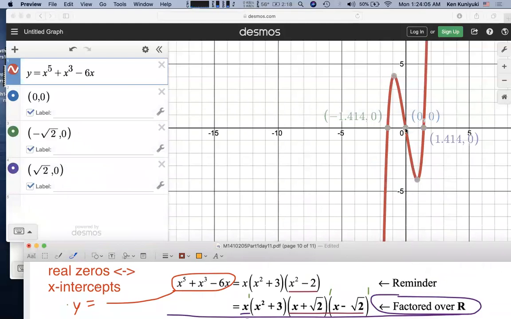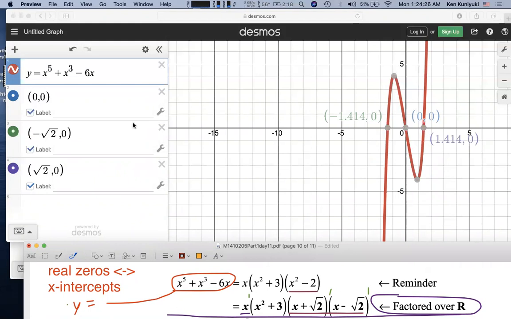Notice that the origin is a point on the graph. It has to be for any odd function where 0 is in the domain. And notice that we do have symmetry about the origin. If we were to take the snake, rotate it 180 degrees about the origin, we get the same snake. Odd function, symmetry about the origin. So we know a lot about the graph of this thing.